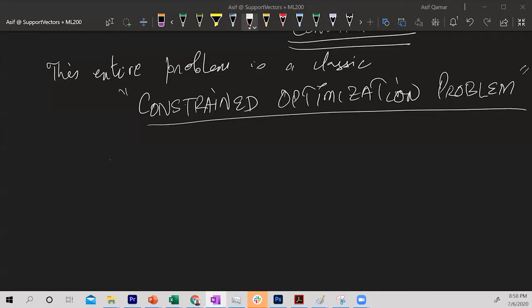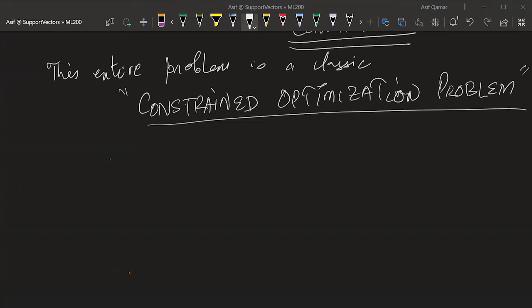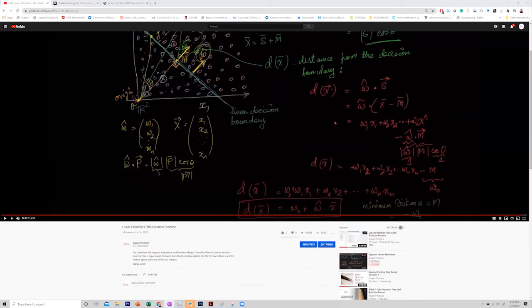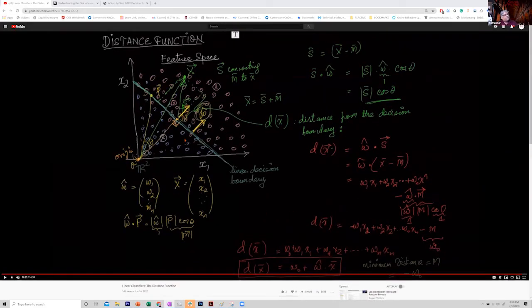Would you like me to just summarize it again? I will just go back to the previous screen for one second and repeat what I said. So what I said is that if you have a decision boundary between the blueberries and the cherries, here you see it with this greenish line, then how do you decide if a certain point is representing a cherry or a blueberry?